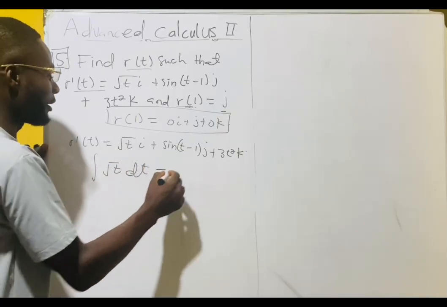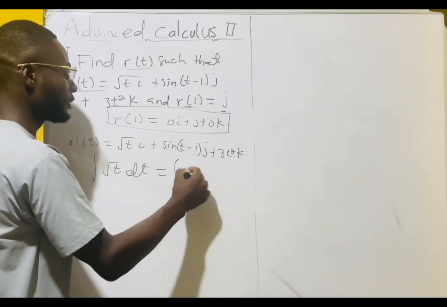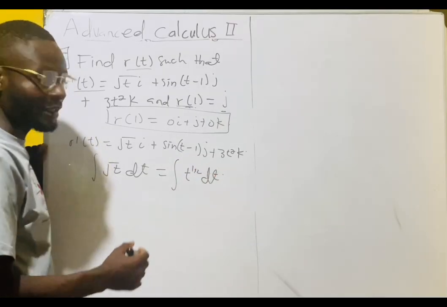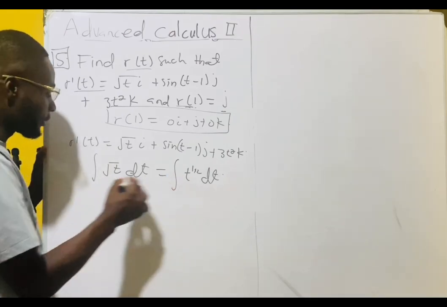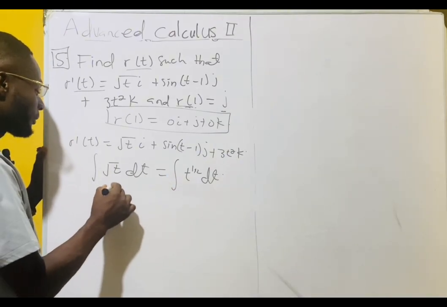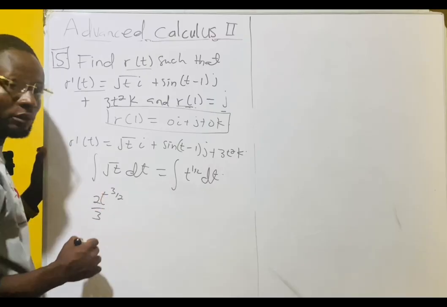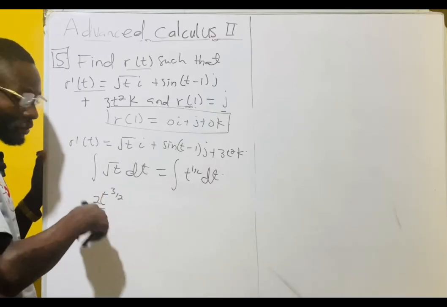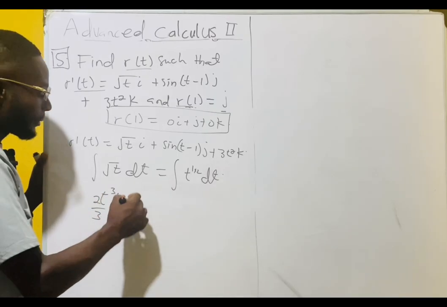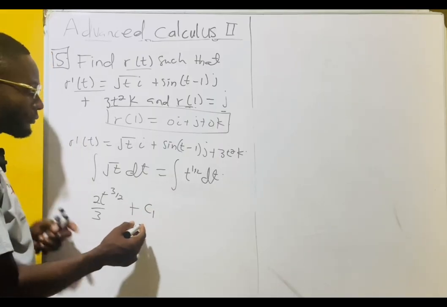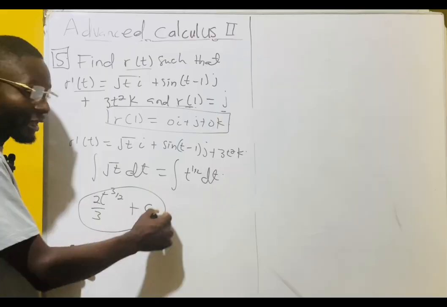This is equal to the integral of t to the power half dt, right? So when you integrate this, you're going to have t to the power 3 on 2 over 3 on 2, so it will reciprocate, plus a constant of integration.